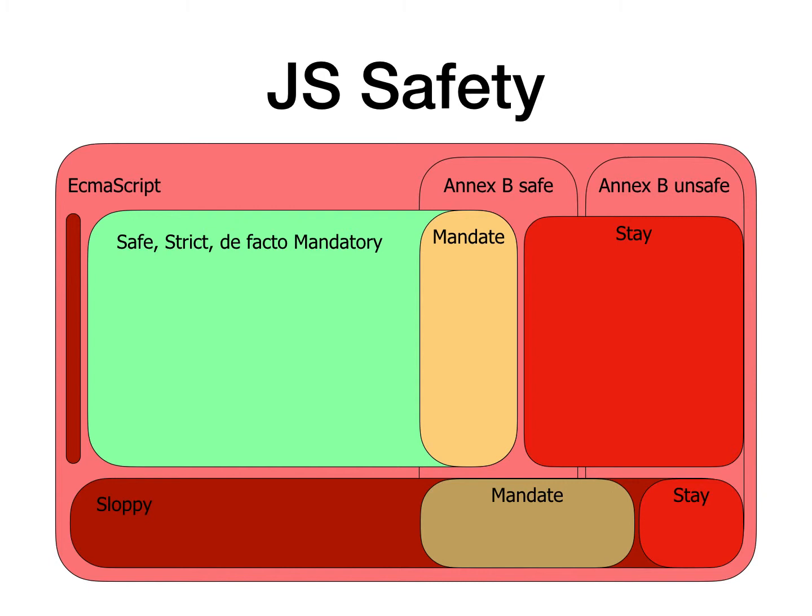And Annex B itself, I'm dividing it up into two portions, Annex B safe and Annex B unsafe. Safe would be something like String.prototype.bold, just a little utility that's up on String.prototype to make HTML text out of data.